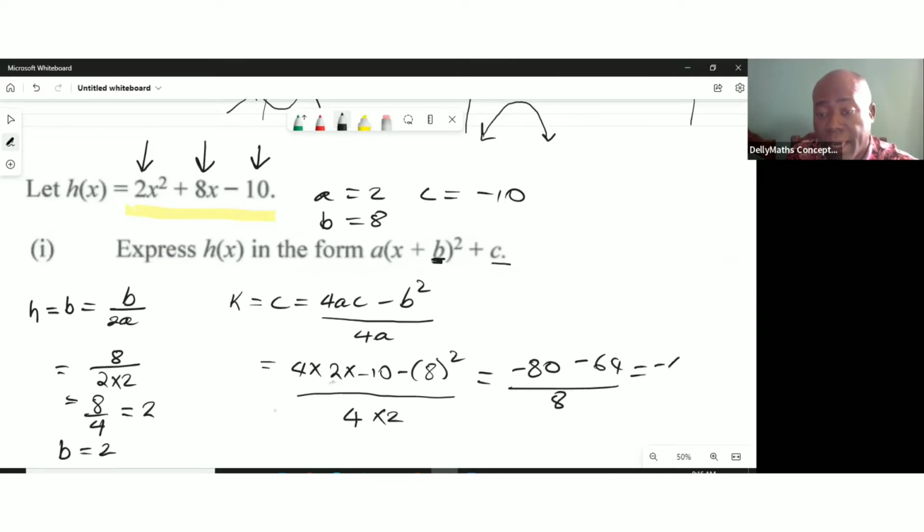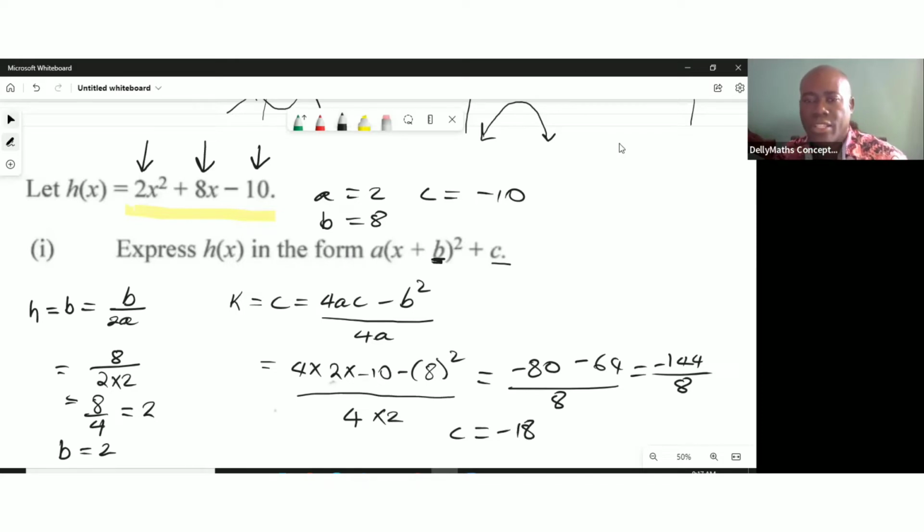And this is giving me negative 144. Yes. So that's giving me negative 144 over 8. So we could quickly, by that we get negative 18. So I could just write it here that my c value is negative 18.